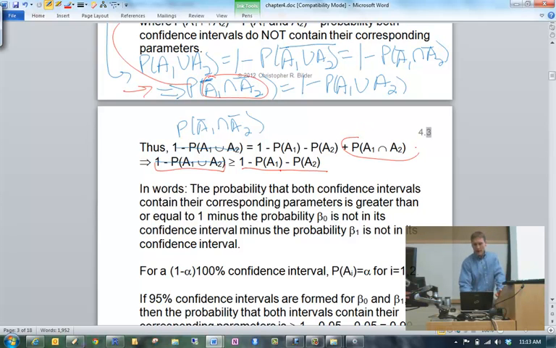Yeah, so this is always positive, so if I take that out, then now I have a greater than there. Okay? So what this says is that the probability that these intervals work has to be greater than 1 minus the probability that one interval does not work minus the probability the other interval does not work.